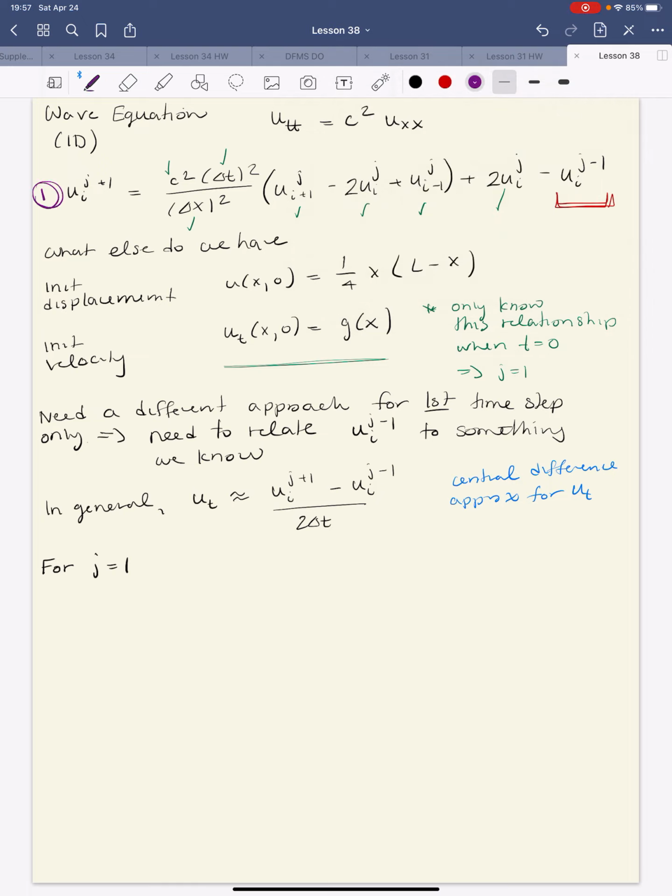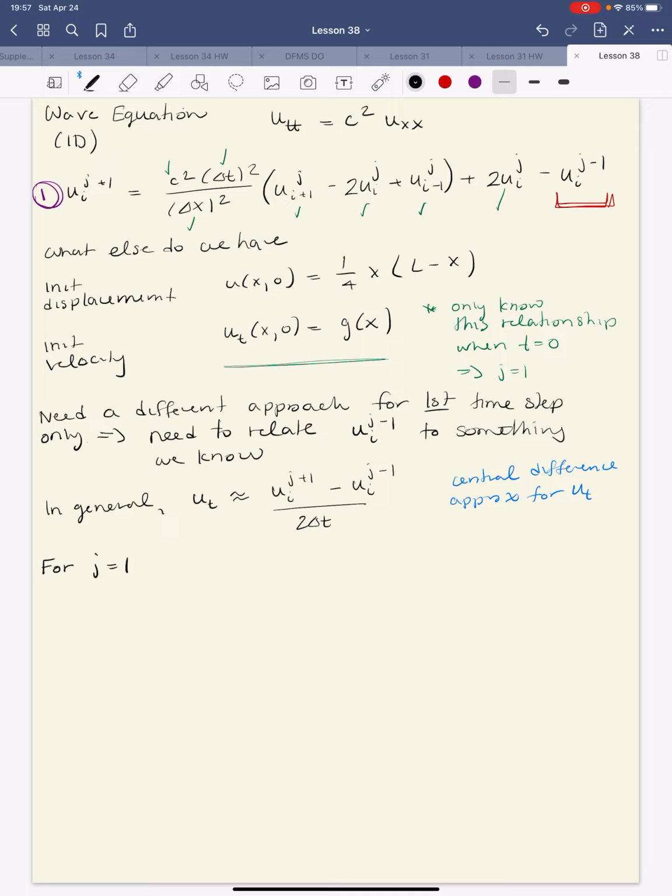Okay, so we're going to use equation 1 and just let j equal 1. Now i is the spatial value, so we'll just let i stay the same. And we're going to just go ahead and plug in j equals 1 everywhere.